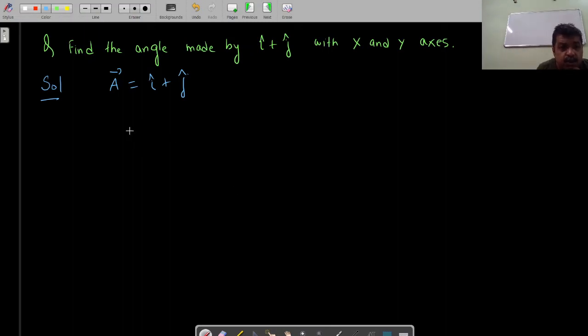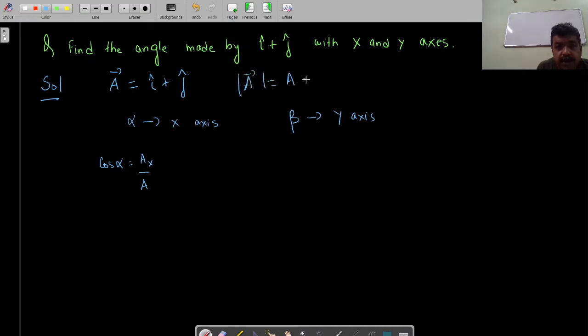Alpha is the angle made with x-axis, and beta is the angle made with y-axis. We know that cos alpha is equal to ax by a. What is the magnitude of a? Mod a is equal to a, which is square root of 1 square plus 1 square, so that is square root of 2.